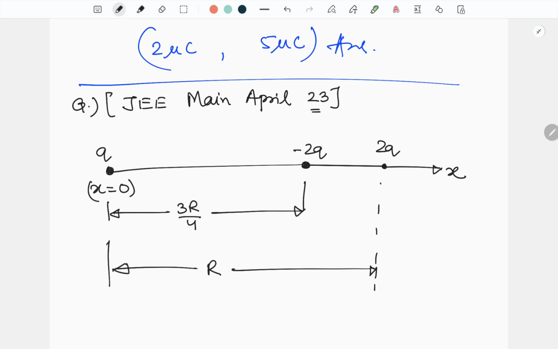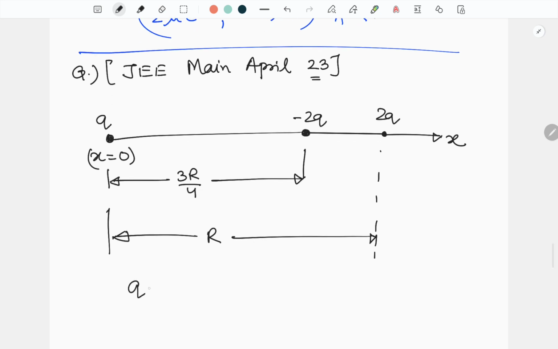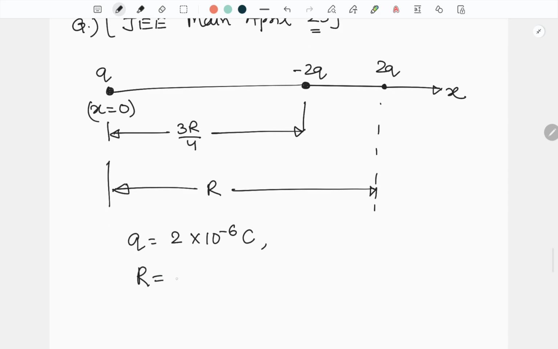and it is saying that Q value is 2 into 10 to the power minus 6 coulomb. R value is 2 centimeter.